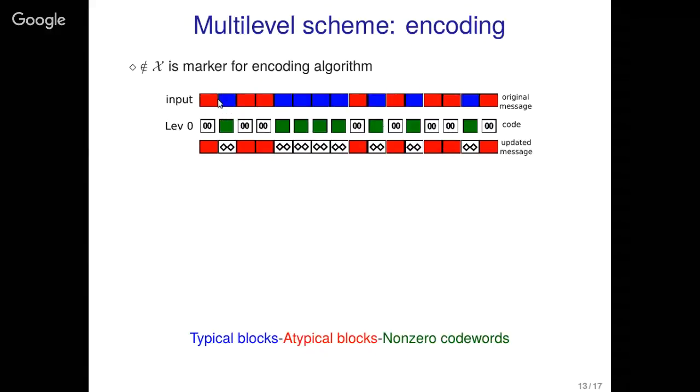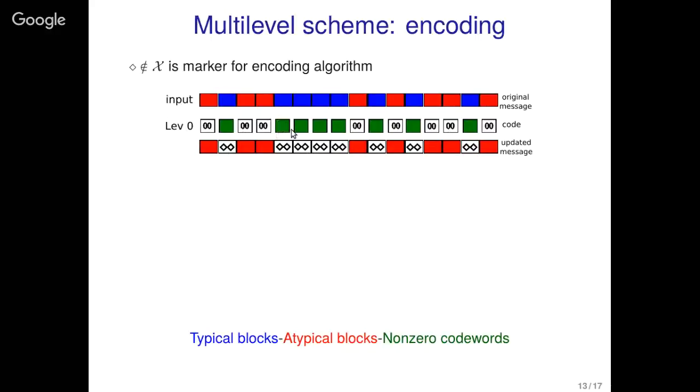For the purposes of this talk, let us assume that we will use typical set compression. Given each block, generate a codeword. If this block is typical, then the level 0 codeword is equal to the index of this sequence in the typical set.